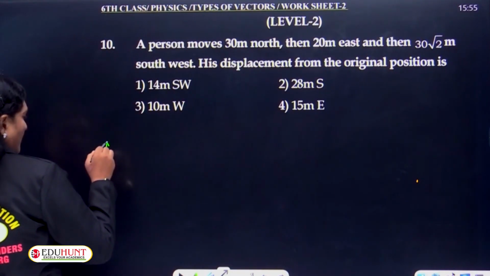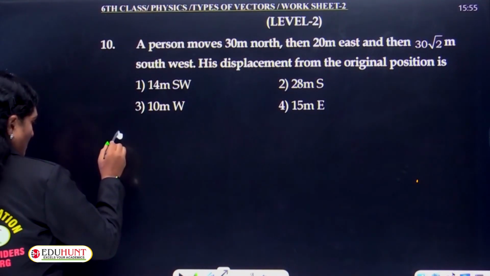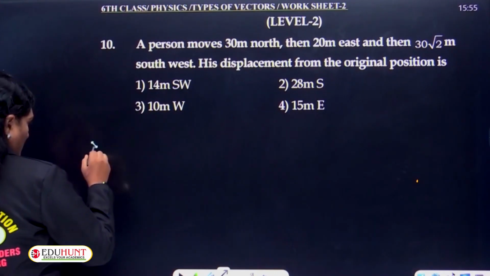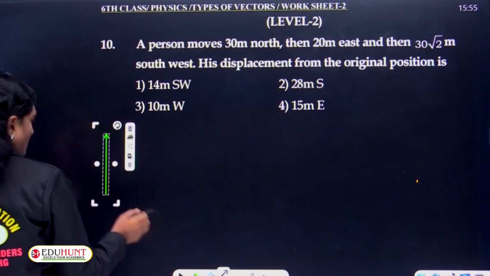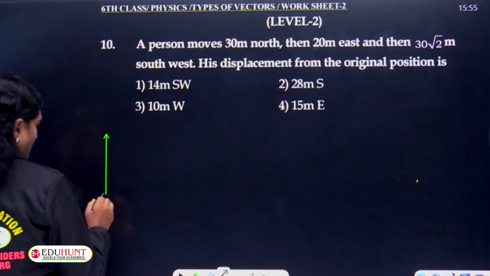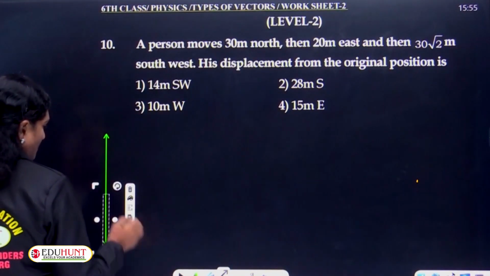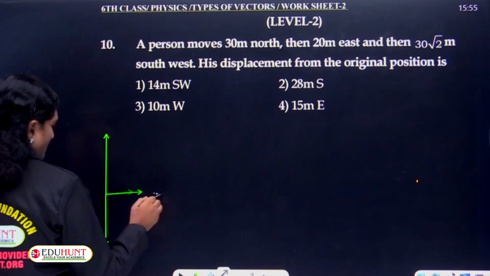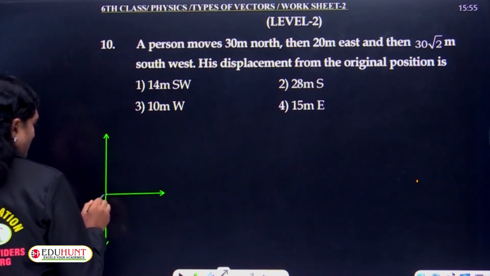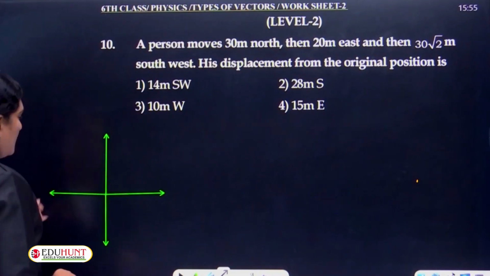Here is your north direction. South direction, these are the directions. East and west.